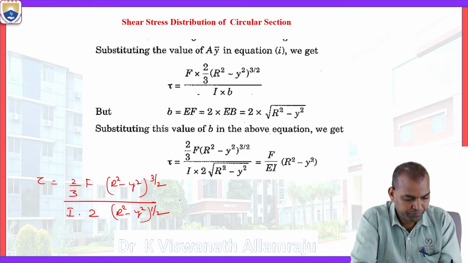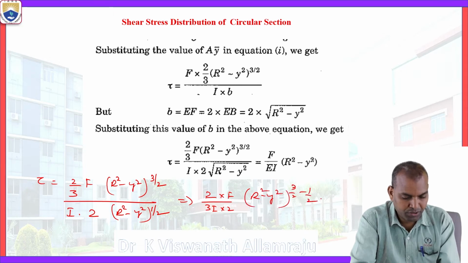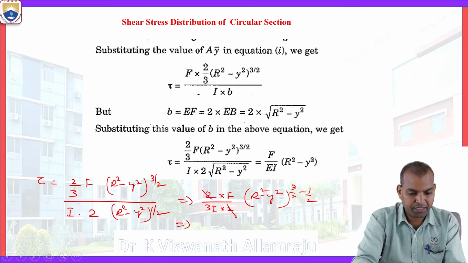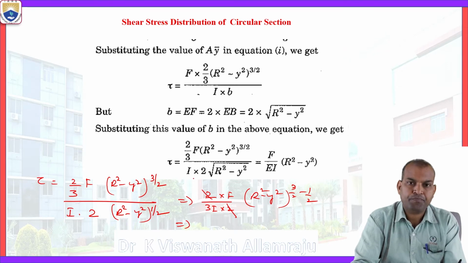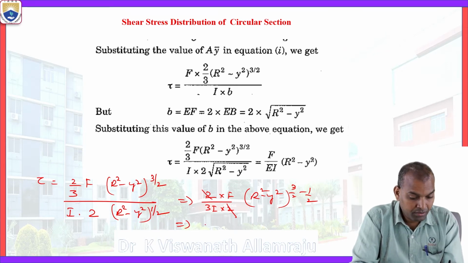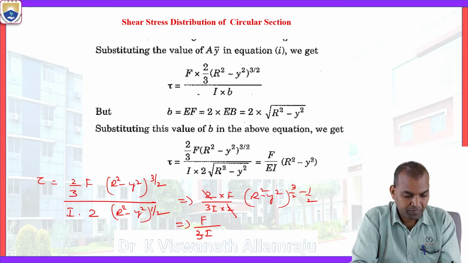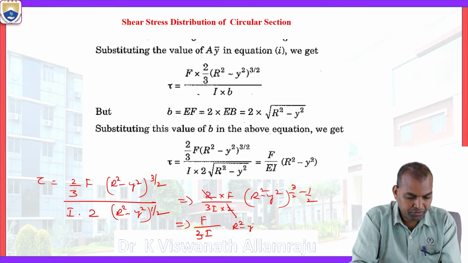Now 2/3 by 2, the 2 gets cancelled: F by 3I times (R square minus Y square) power 3 by 2 minus 1 by 2, that is 3 minus 1, 2 by 2, which is R square minus Y square.